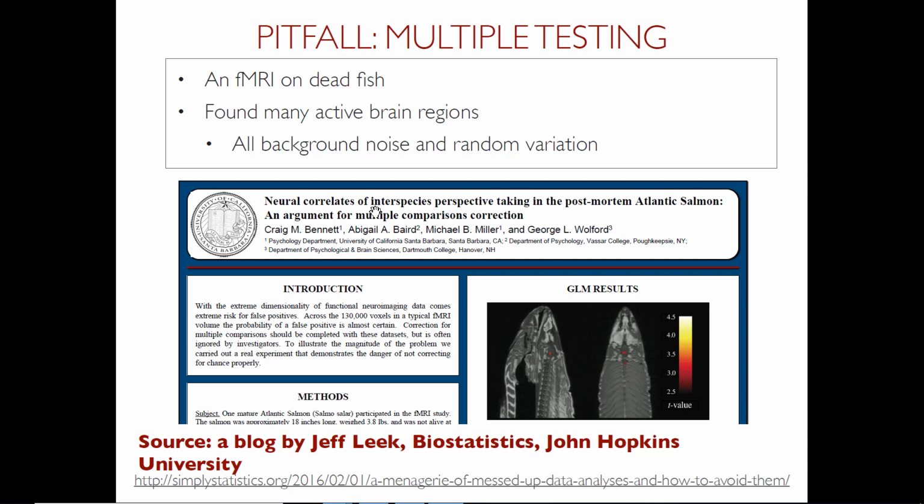The way fMRI works, there are many different regions where they essentially test for activity, using methods very similar to what we discussed here. And if you have enough regions, and if you test enough, you will always find something. If you look hard enough, you usually find things. And so they found many active brain regions there. These active brain regions are just false positives.